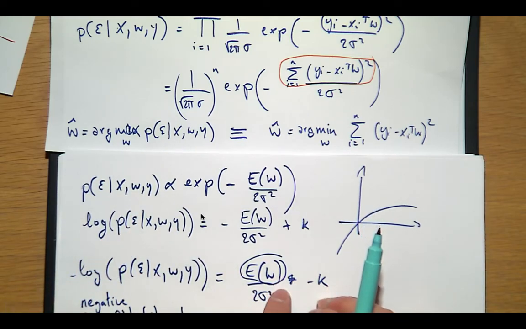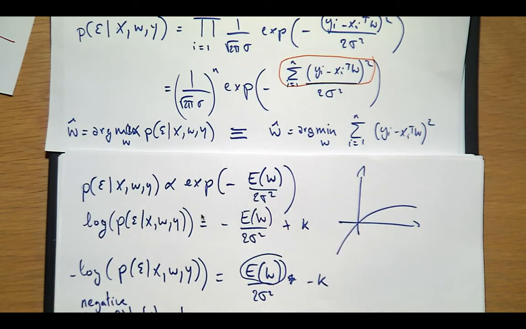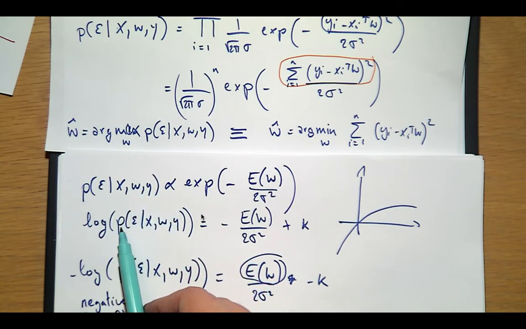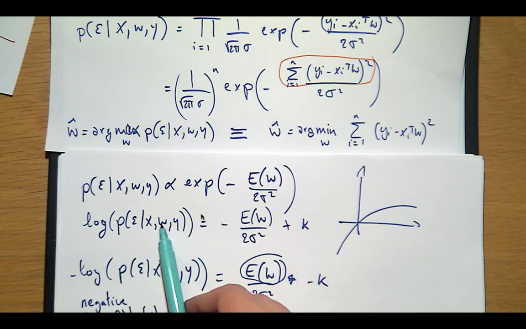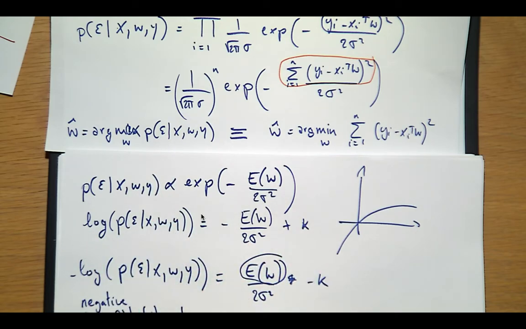Okay? So the key here is that when you take the logarithm of your likelihood, you don't change the order. So the minimum of that function for W is still the minimum of that function for W. Okay? Going from here to here doesn't change where the minimum is.